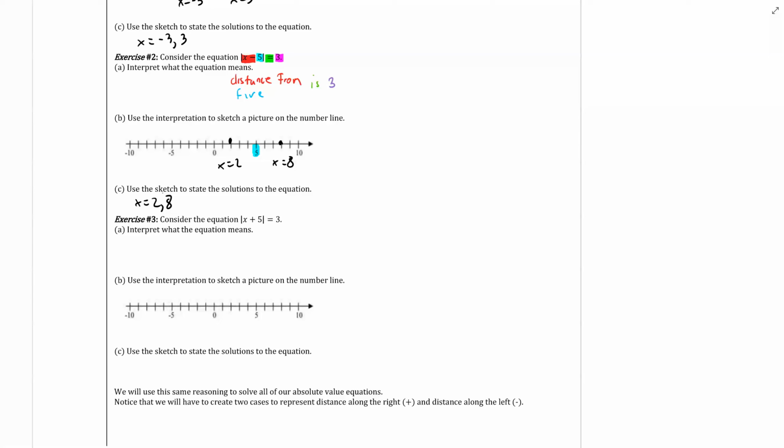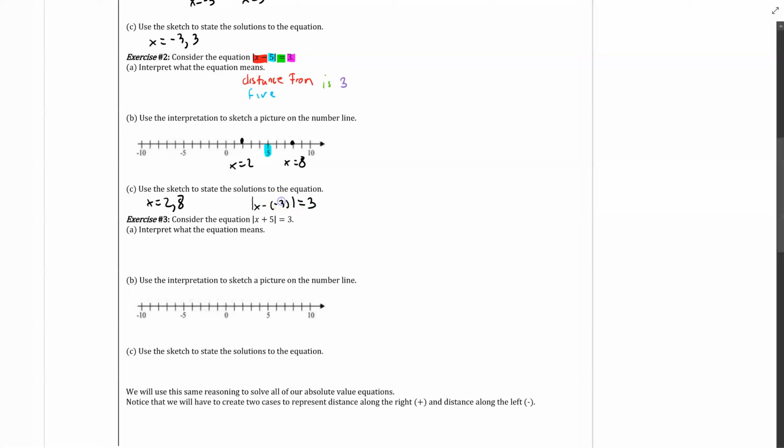So in exercise 3, what about the absolute value of x plus 5 equals 3? Well, notice that we don't have a minus sign for this problem, but we can fix that, because we can take advantage of the fact that a double negative turns into a positive. See, now I have x minus negative 5, and it doesn't change the problem.